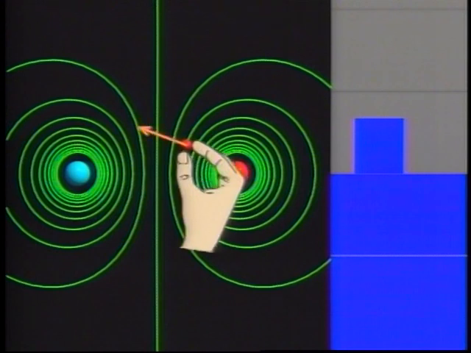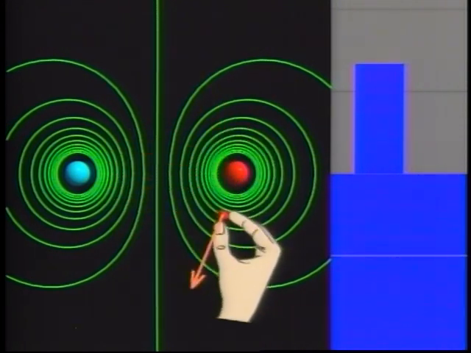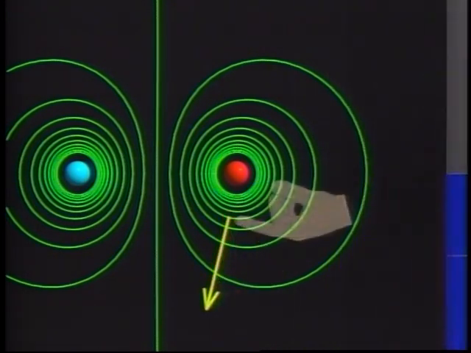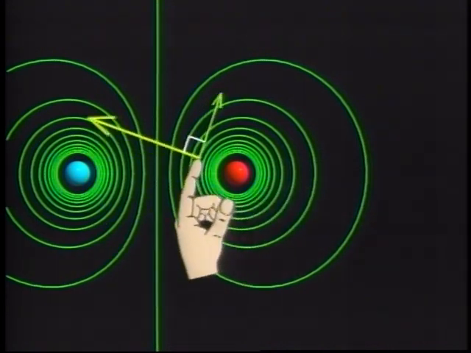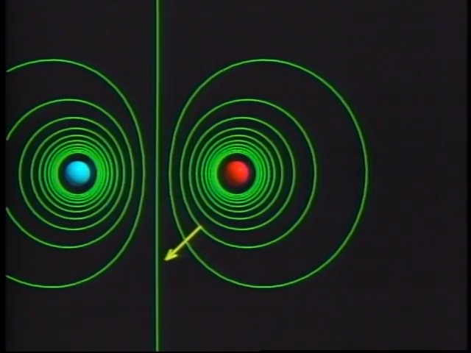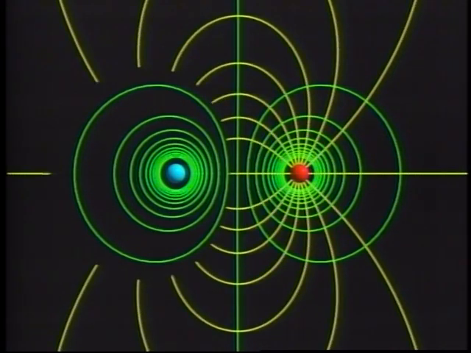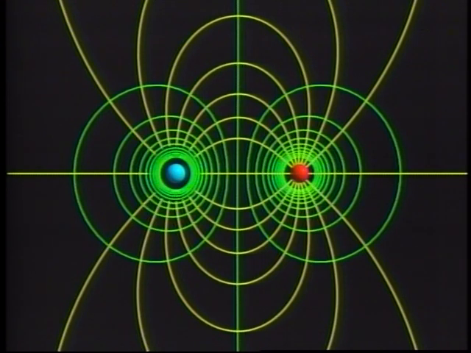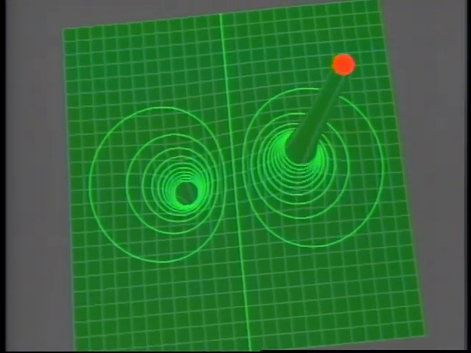Because it takes no work to move a charge along a curve of constant potential, there's no component of field in that direction. So the field is perpendicular to each equipotential at every point. And that's how it assumes its familiar shape.